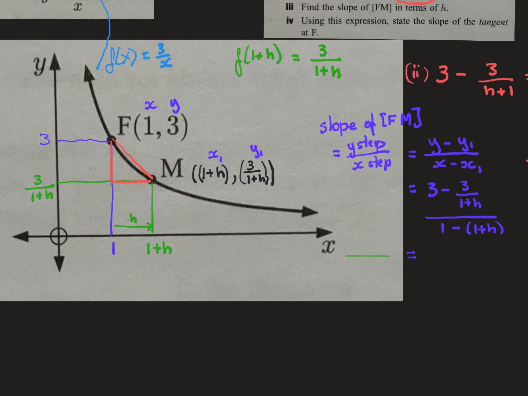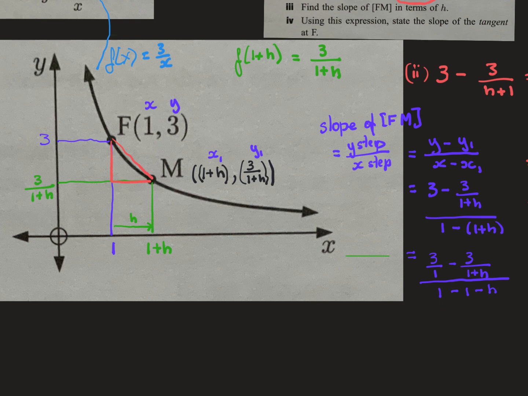And once again, we've got to simplify it by rewriting this: 3 over 1, take away 3 over 1 plus h, all over 1 minus 1 minus h. I've simplified this as well.